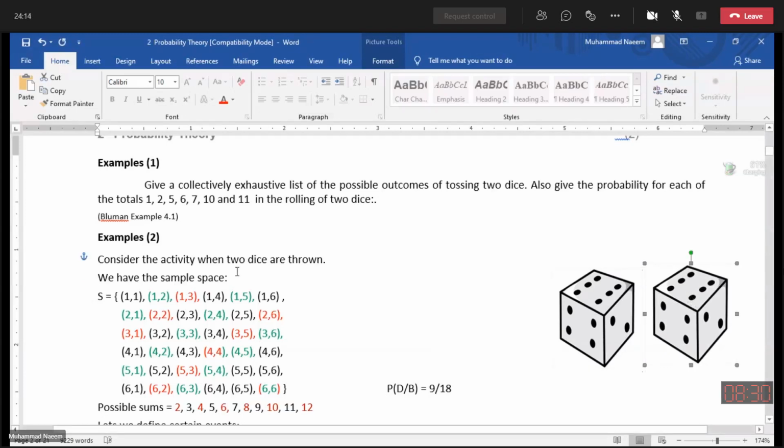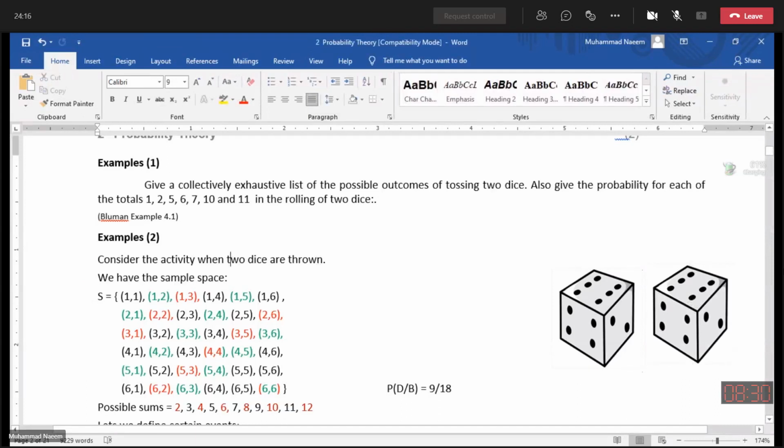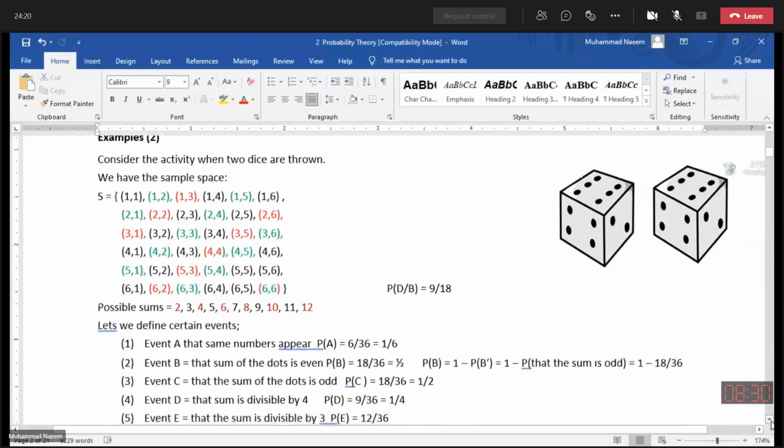When two dice are thrown, the total possible cases are 36, because each die has six possible outcomes.